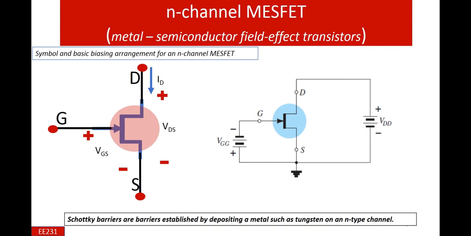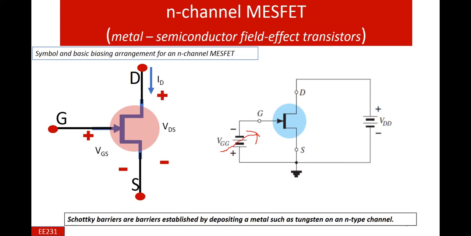And this is the biasing circuit, and by applying a variable potential between the gate and the source, we can change the value of the current between the drain and the source with high speed, because field effect transistors are operated at high frequencies.